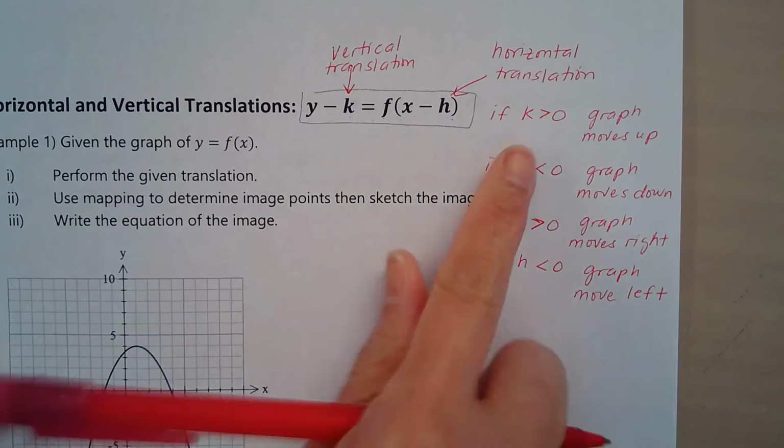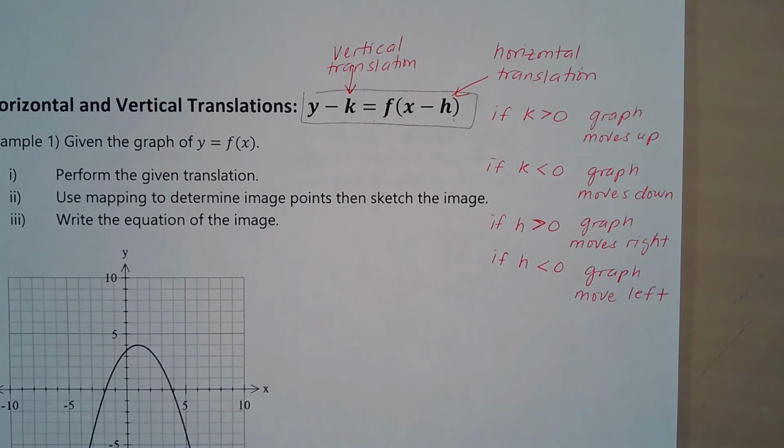Okay, so that makes sense, right? Because if it's positive k, it's gonna move up. If it's negative, it's gonna move down. If it's positive h, it's going to the right. And if it's negative h, it goes to the left. Makes sense.